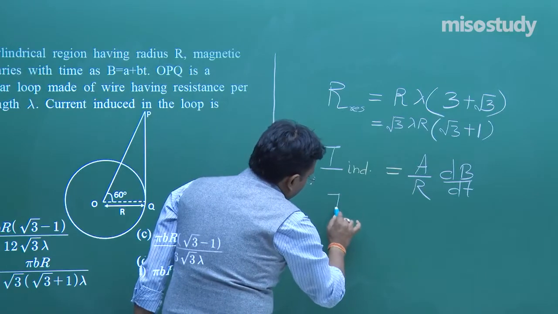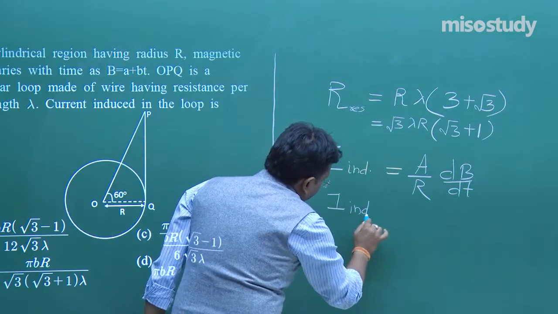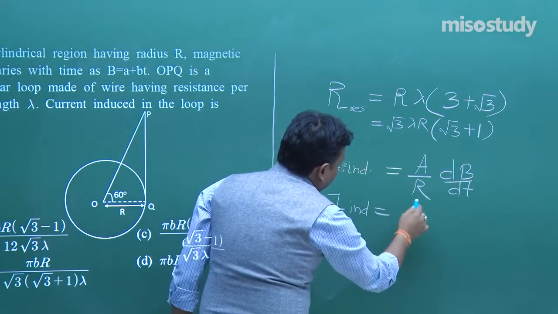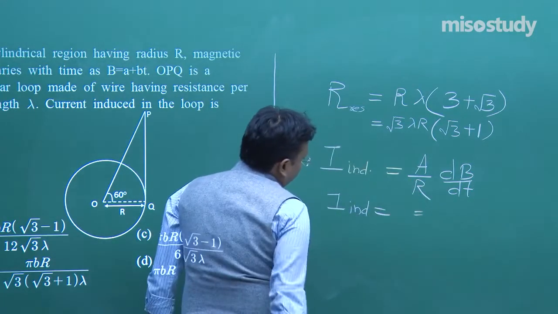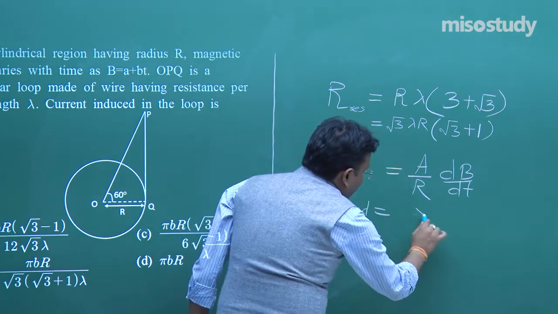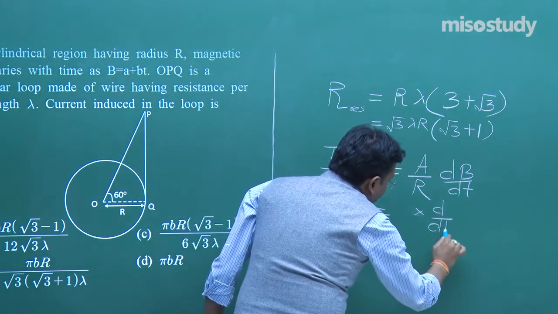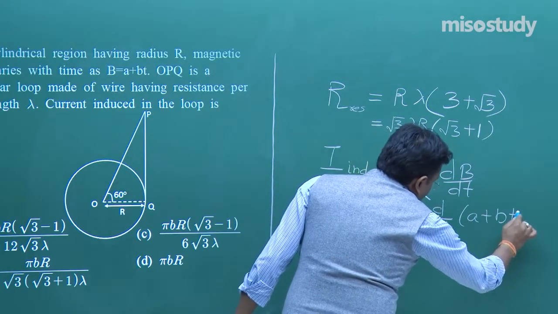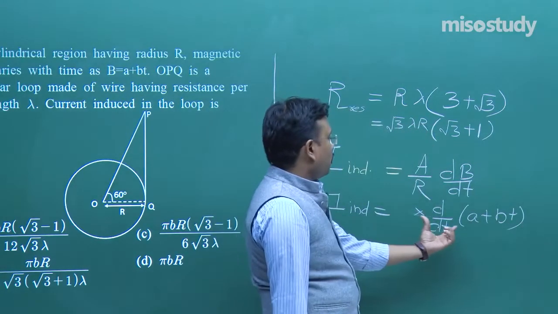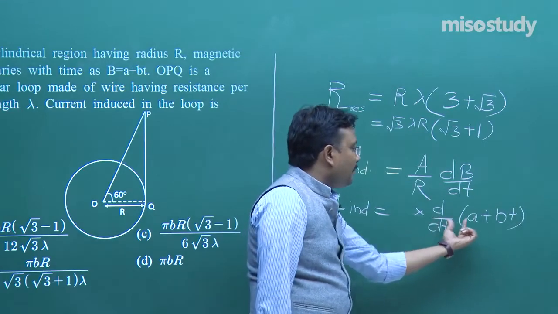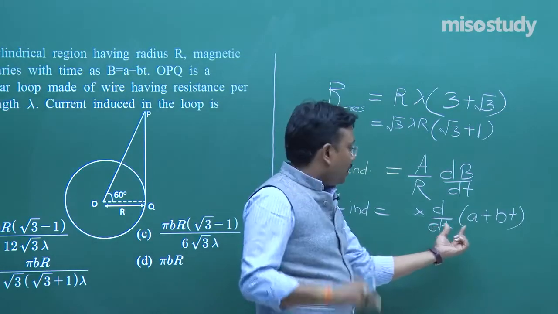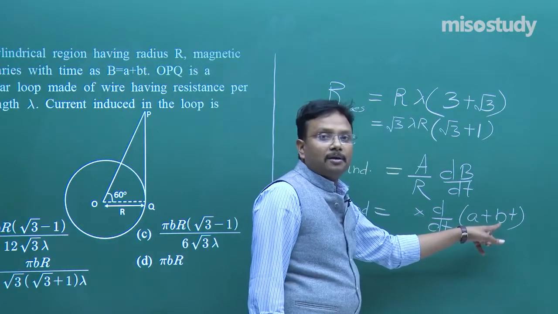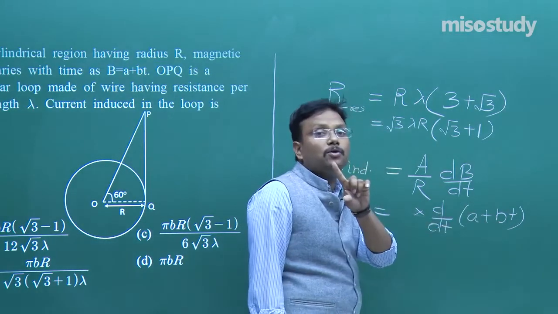So I induced is equal to, putting aside this A by R term, what I am going to mention is d by dt of this A plus bt. I don't think it's going to be a difficult task for you. dA by dt is 0, dB by dt, that is only this b, fine, because dt by dt is going to give you 1.